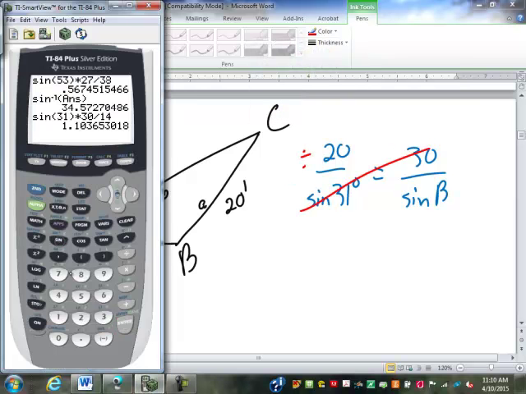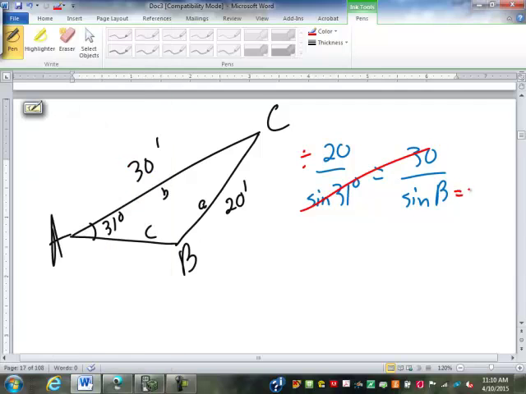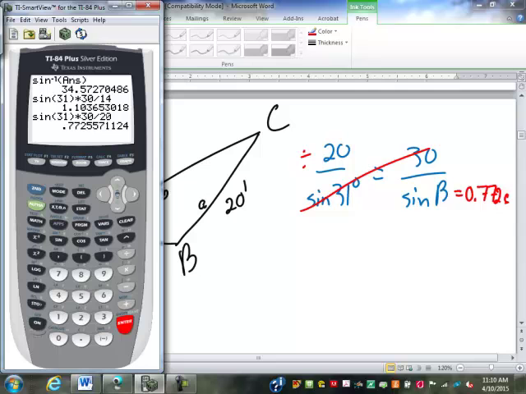Sine of 31, close the parentheses, times 30 divided by 20. We're still less than 1, so we know it actually makes a sine. So the sine of B equals 0.7726. We do our inverse sine, second answer. We get 50.58.